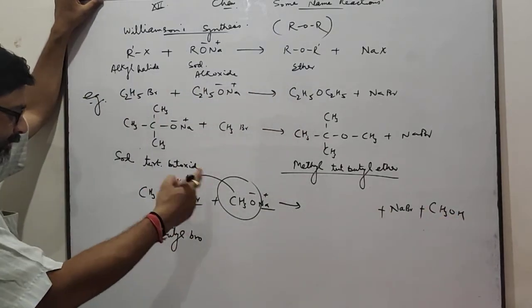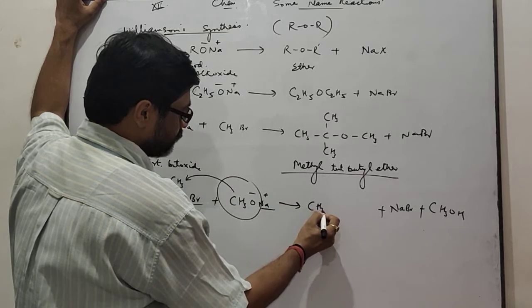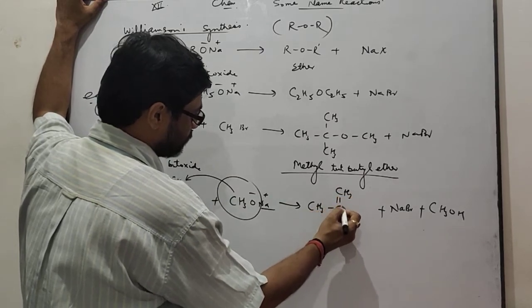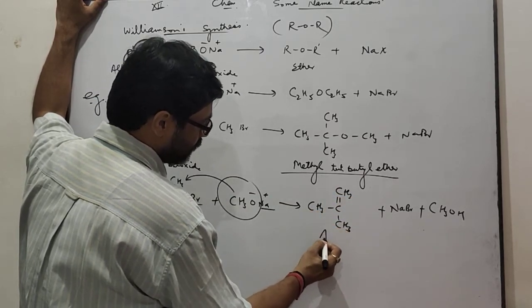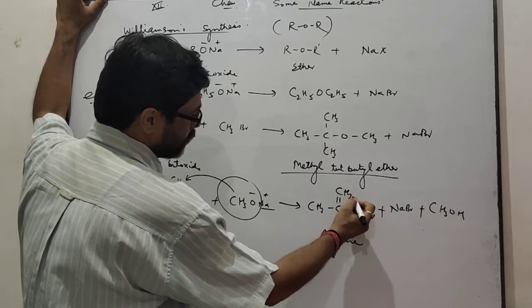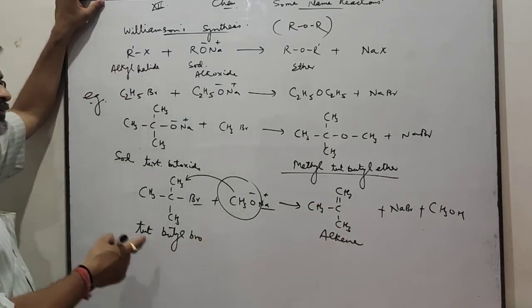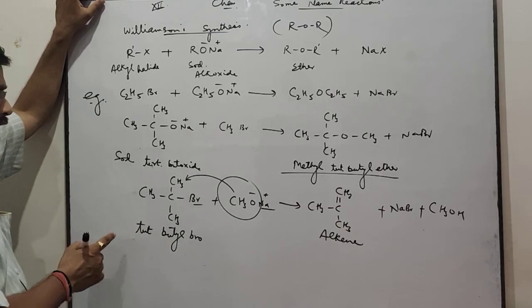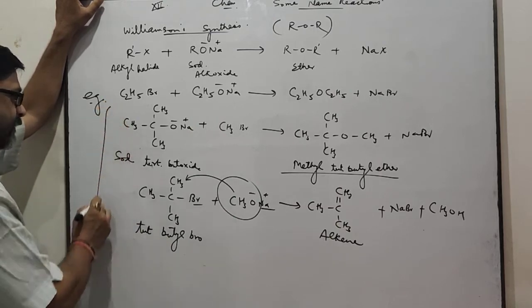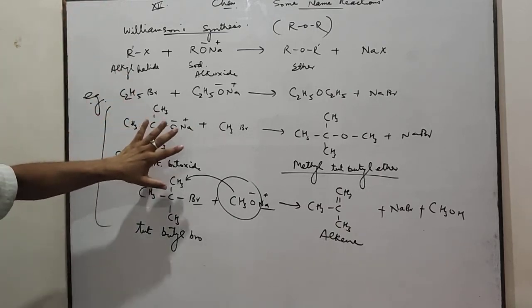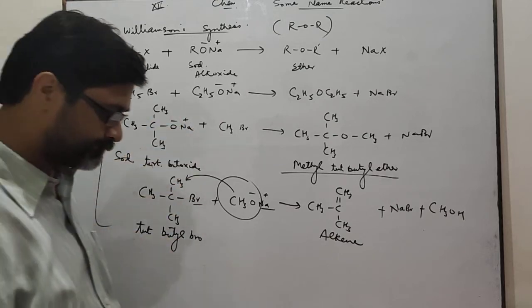Means here elimination takes place. Alkene is produced. Here no ether is produced, alkene is produced. This is the difference between this and the previous reaction. It is a very important topic, keep it in mind.